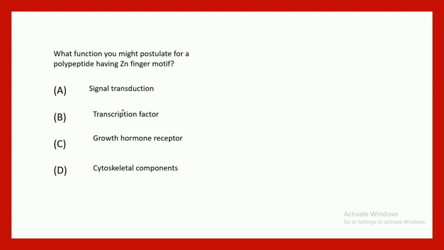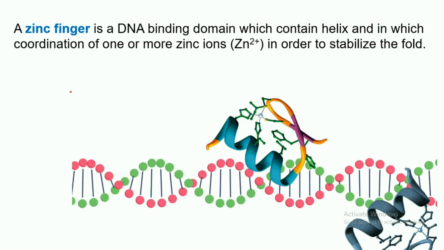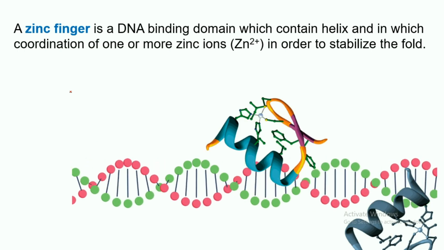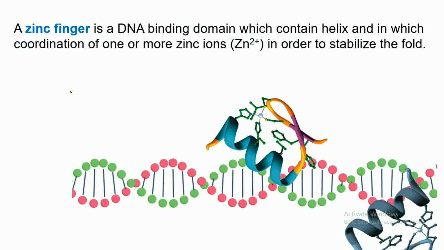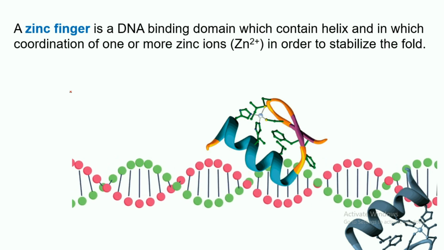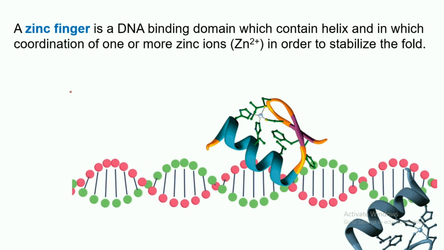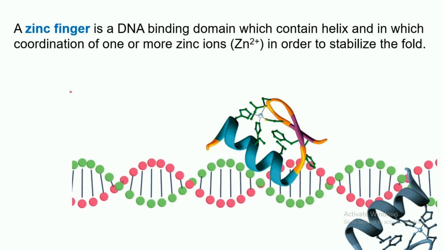What function might you assign or postulate for a polypeptide having a zinc finger motif? It's a signal transduction protein, transcription factor, growth factor receptor, cytoskeletal element, and the answer is transcription factor, because we know that the zinc finger domain is a characteristic DNA binding domain which has zinc coordinated from cysteine and histidine residues, either cysteine or histidine or a combination of both.